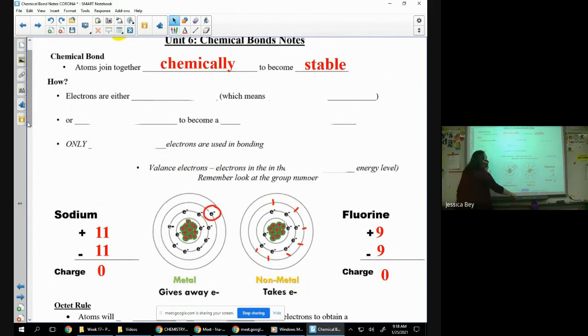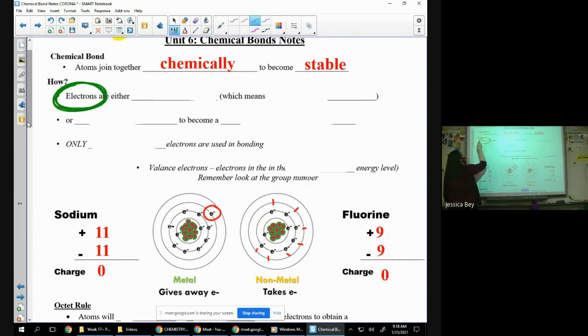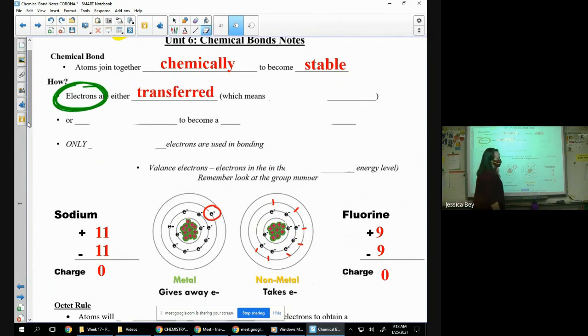How do we make bonds? We make bonds. Electrons. Circle this in the word. Electrons. That might be on your lecture questions. Electrons are either transferred between atoms. And let's say that Jackson is transferring me some money into my bank account.